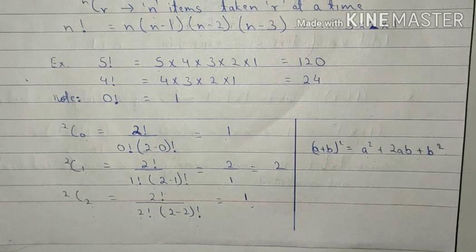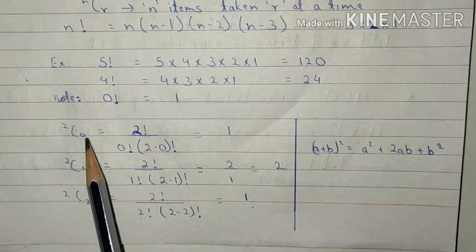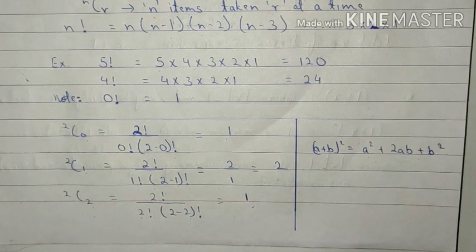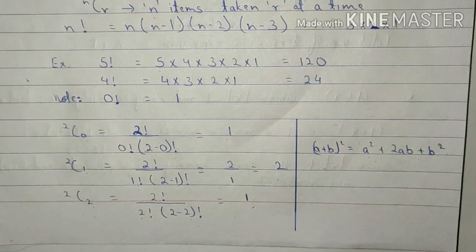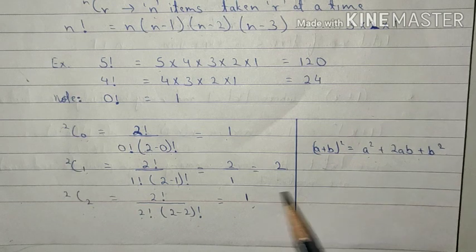So ultimately what are we observing? If we consider r, that is, the value of r was 0, 1 and 2 in these 3 combinations, and we consider the value of r as the power of B over here, we can find out the coefficients.